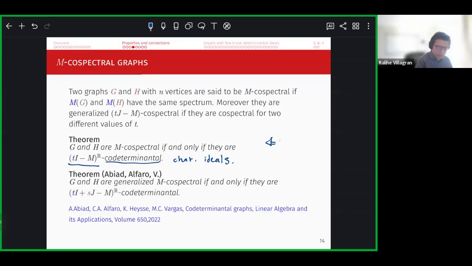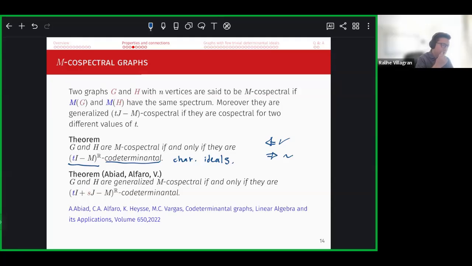The other direction needs a little bit more argument. If two graphs are cospectral, then the last determinantal characteristic ideals are equal, meaning the characteristic polynomials are equal, but it's also true for every other determinantal characteristic ideal in this case.